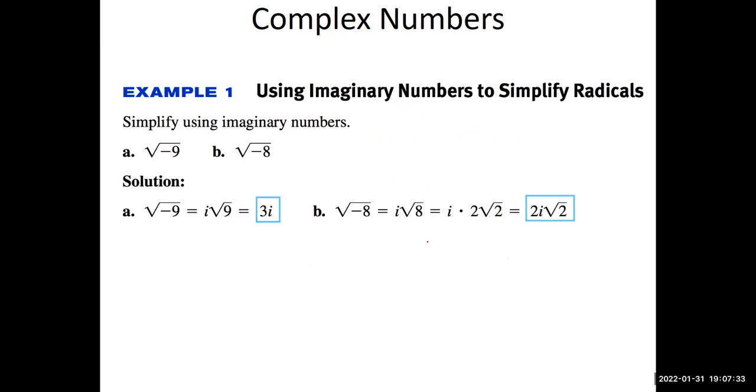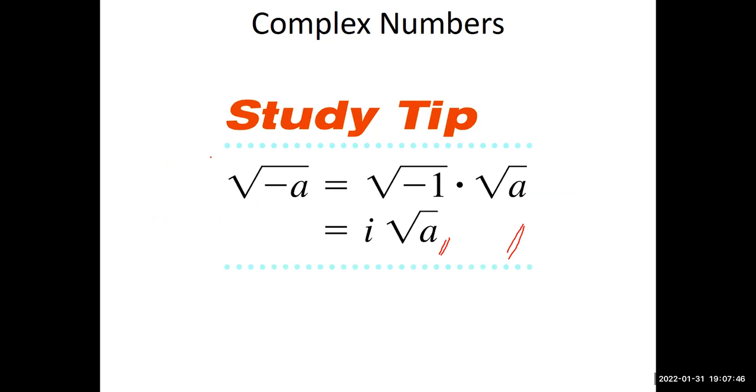Okay, now let's have an example here. Using imaginary numbers to simplify radicals. For example, we have negative 9. From these identities, we will now have this one.